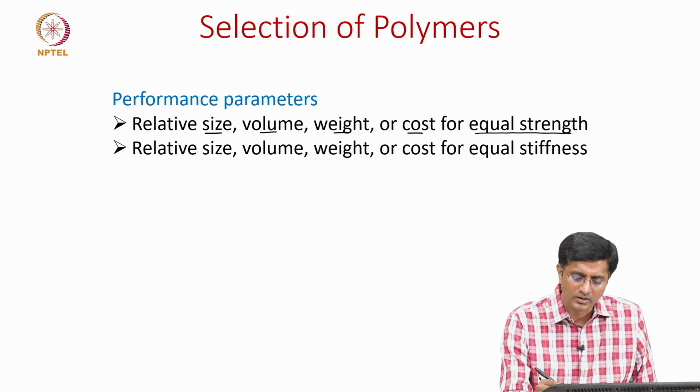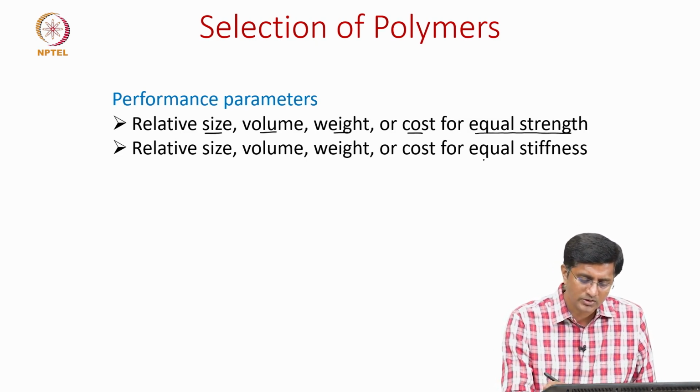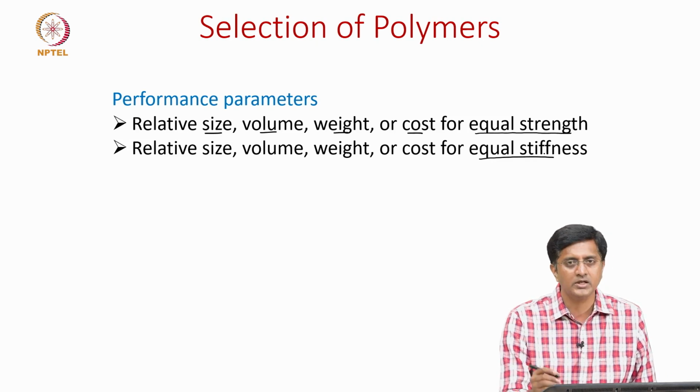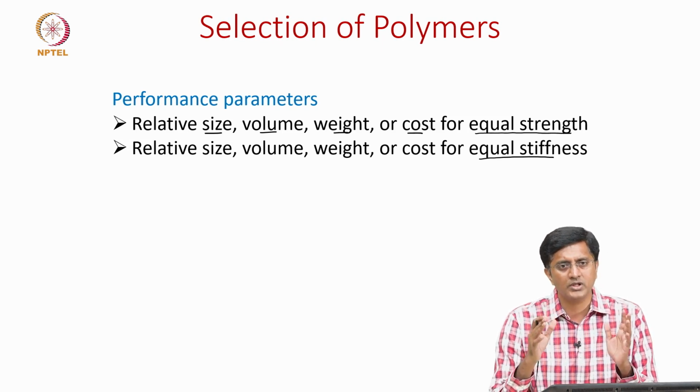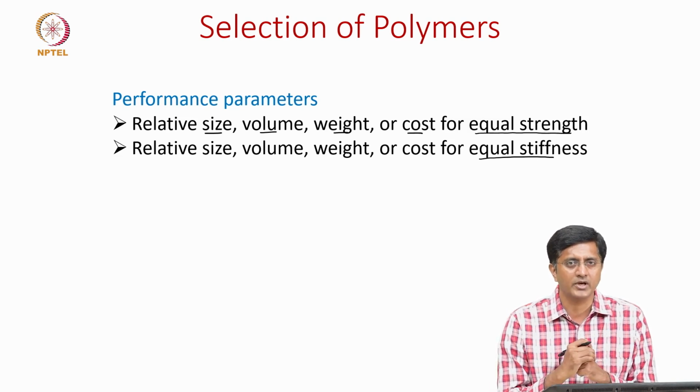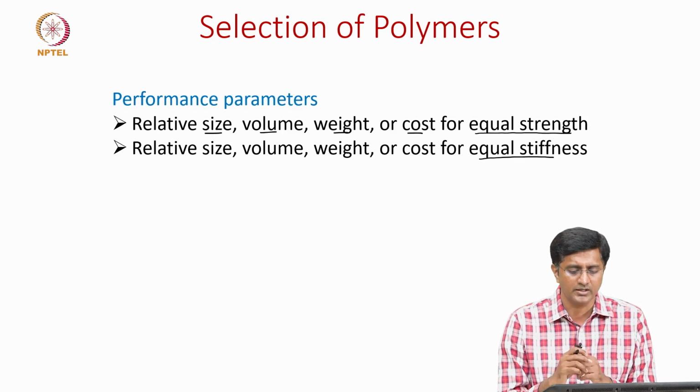Equally, in addition to the strength, we can also have equal stiffness. Let us say we are designing a slender member like a beam, and we know that the deflection at the free end cannot exceed a particular amount. Then that is our design criteria, and we are looking at options or the material which meets that criteria.